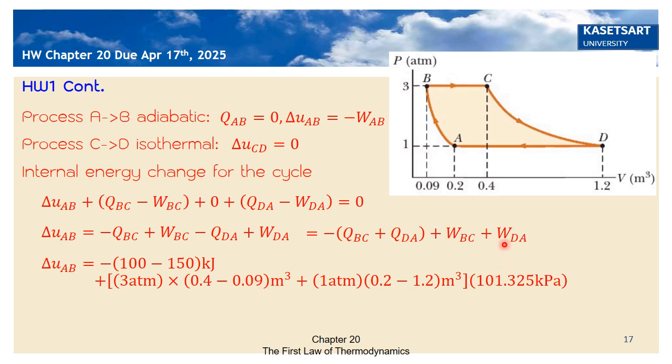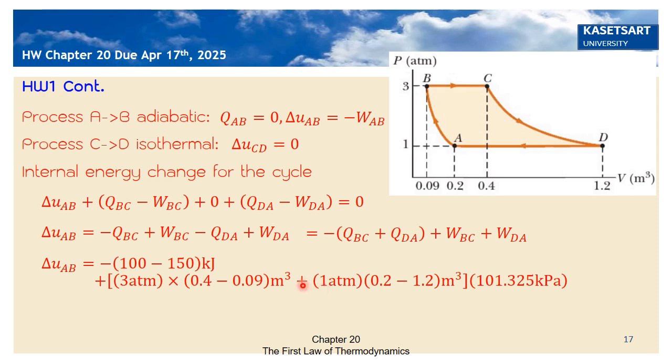And for the work in the process D to A, it is an isobaric process with 1 atm pressure, and the volume changes from 1.2 to 0.2, so delta V is 0.2 minus 1.2.